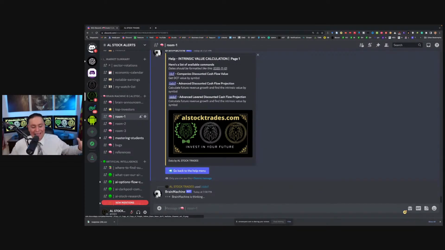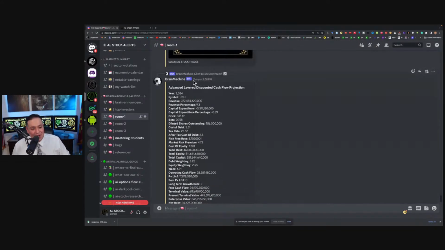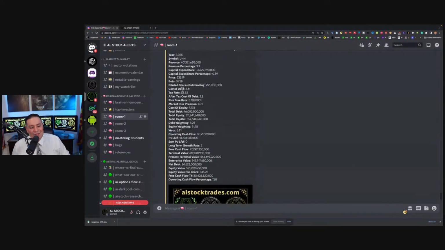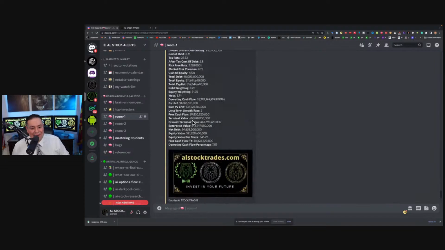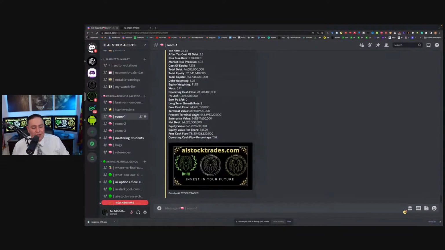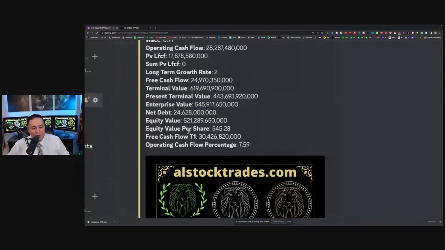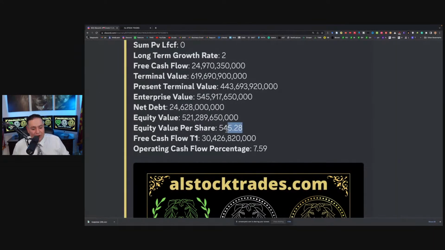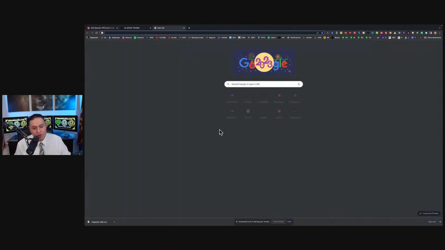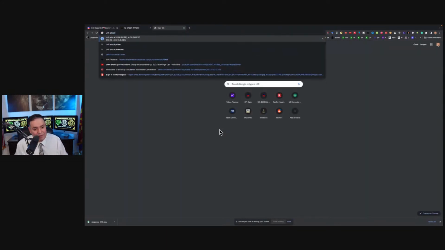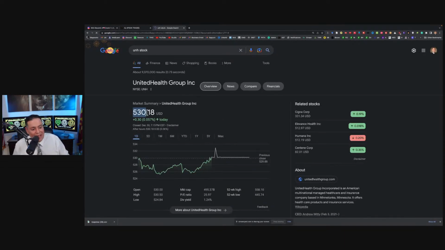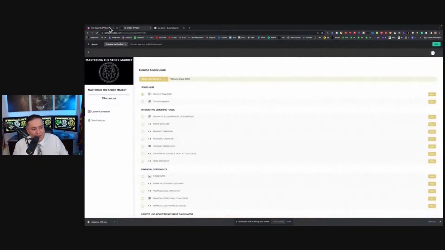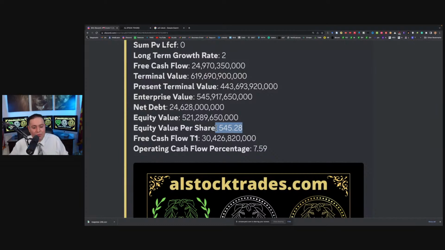And you click it, and it goes to 2026, and it basically gives you that the equity value per share should equal $545. That is how much United Healthcare is worth. I didn't even look at the stock price. It's trading at 530. So essentially right around the ballpark range of how much it's worth.